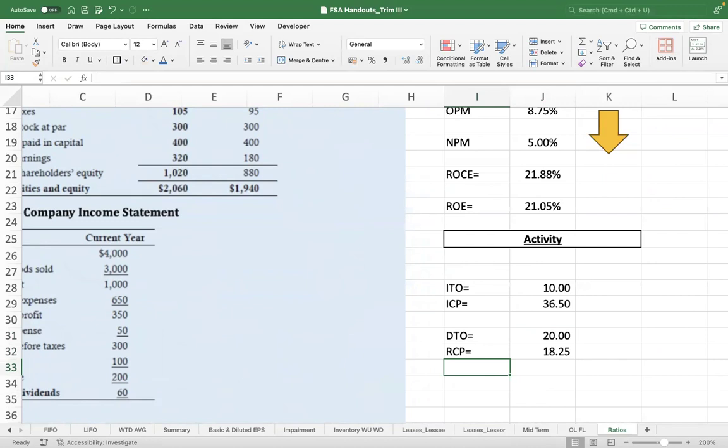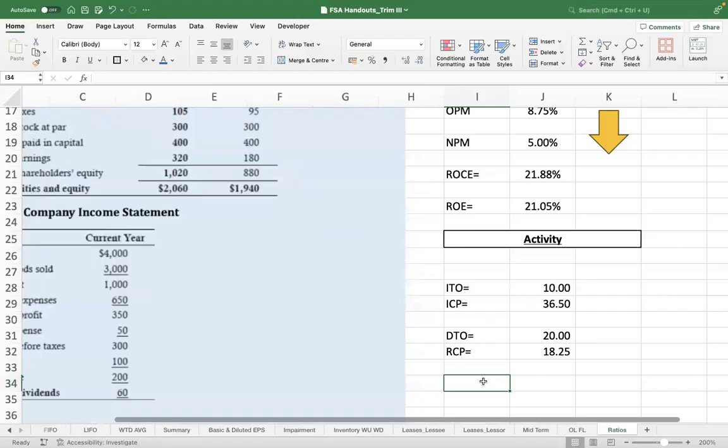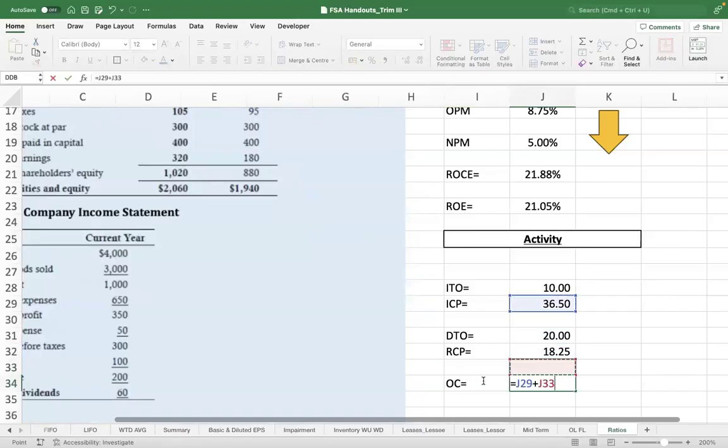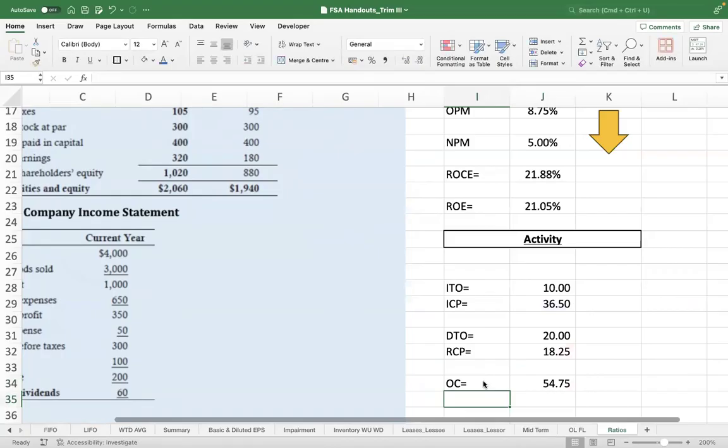Now, if you know the concept of operating cycle, you know that operating cycle is nothing but your RCP plus ICP. So we get an idea that an operating cycle would be 36 and a half days plus 18.25, which is almost 55 days. But this is not your cash conversion cycle. This is your total operating cycle, because operating cycle क्या है?